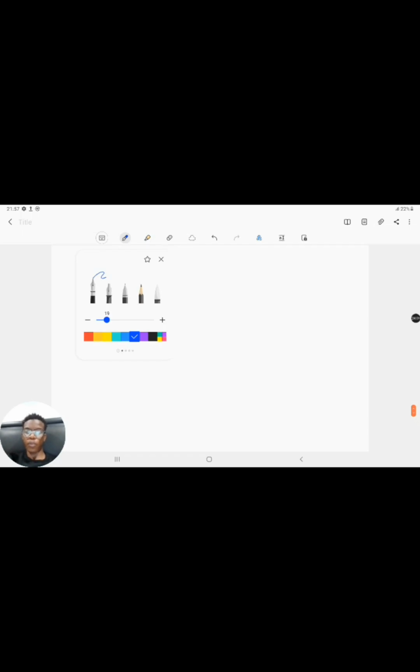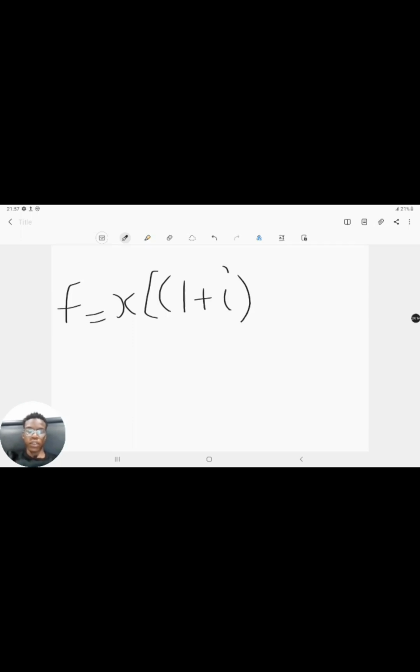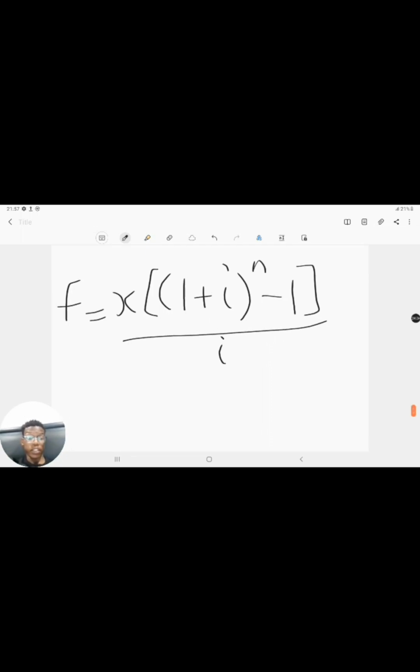So the future value formula, you should get this from your formula sheet. There's no point in trying to memorize it. Your future value formula is equal to x open bracket 1 plus i to the power of n minus 1, close bracket, all over i. I hope I didn't make a mistake.